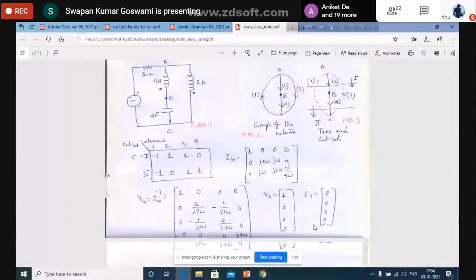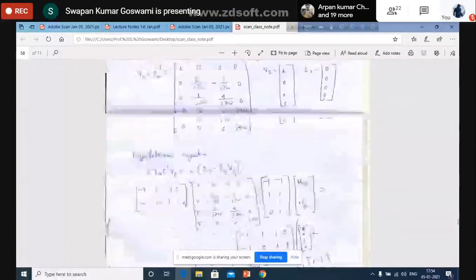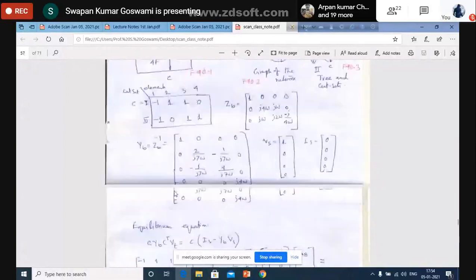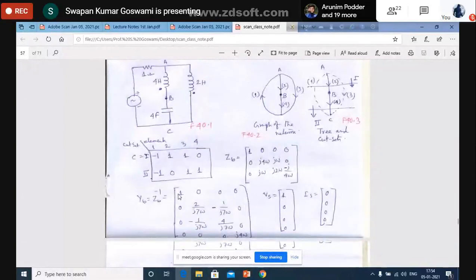So here we have shown VS and IS, and once you have shown this, you have to see the direction of the current through the internal impedance of the current source. The graph that you are showing represents this element with a single line, and that line represents the internal impedance of the source.